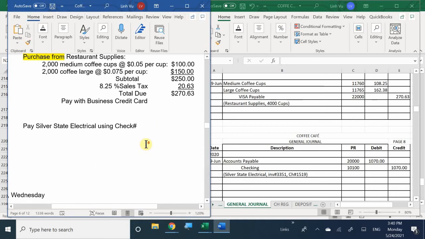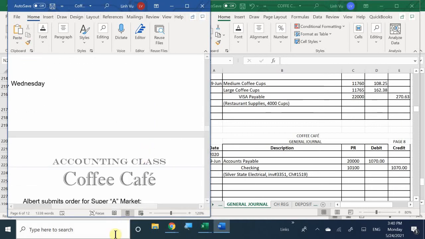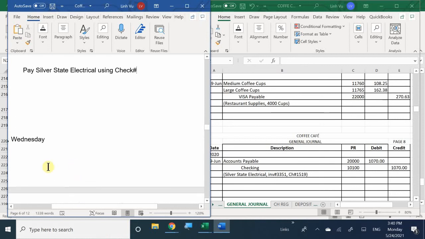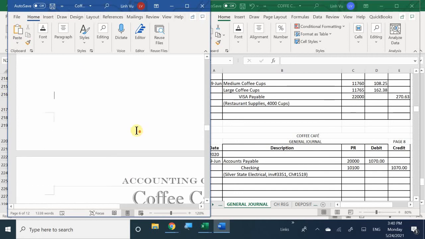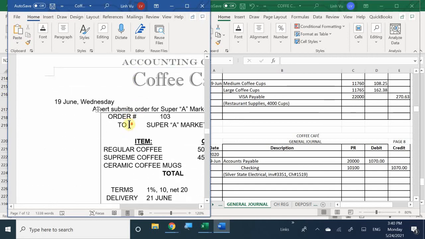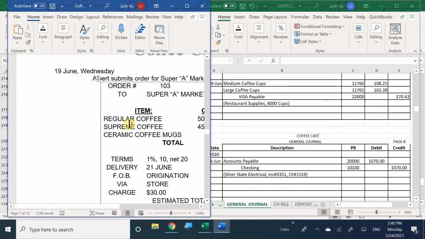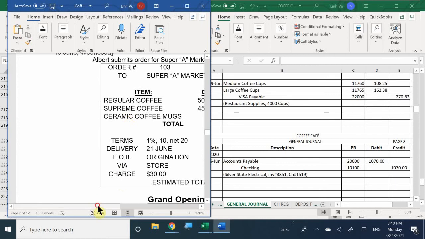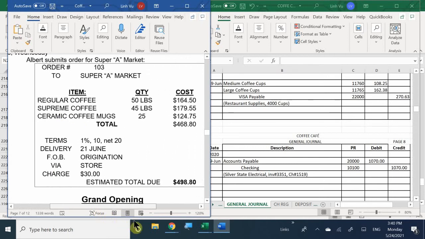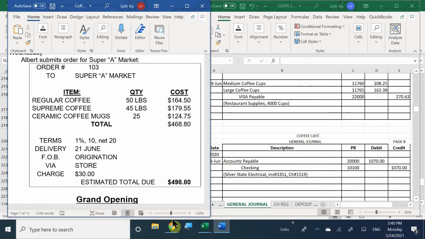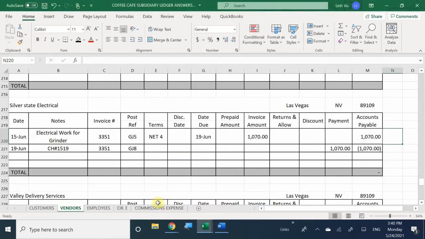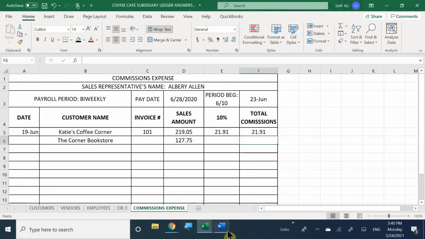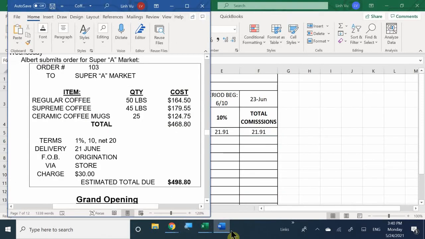So now we had another in-store. Oh no, wait a minute, hold it. Albert submitted another order for Super A Market. So this one I went over to the commissions. Let's take a look at the order though.